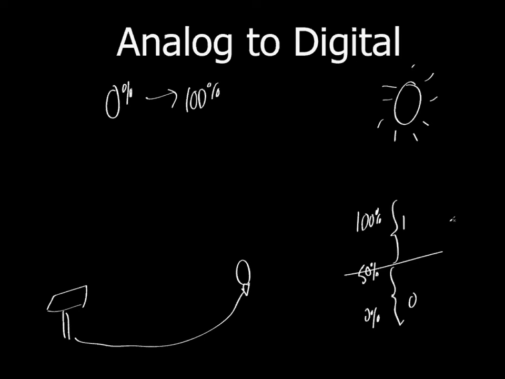Adding another bit would allow us to divide this into 4 possible zones. Adding another bit to make 3 bits allows us to divide this into 8 possible zones.